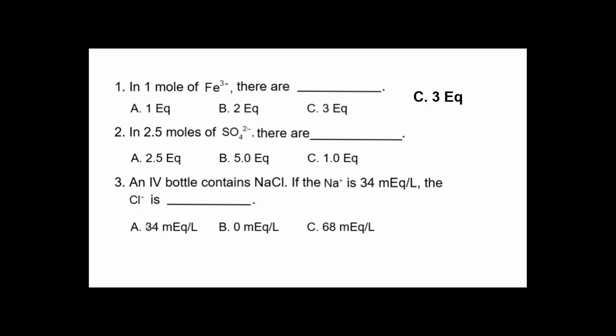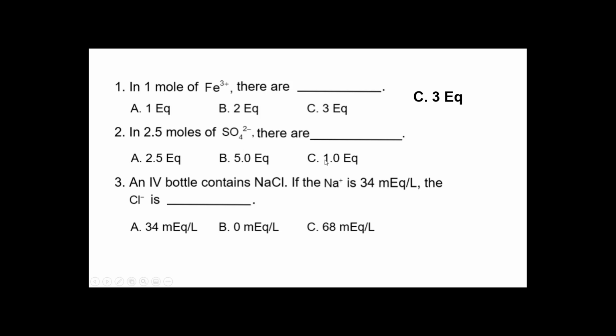This one's a little trickier, but I'm going to show you the math for it. In 2.5 moles of sulfate, there are, now look at the charge. Do not get worried and caught up with the 2.5. Don't look at that. Look here. There is a 2 charge, so that means there are 2 equivalents per mole.